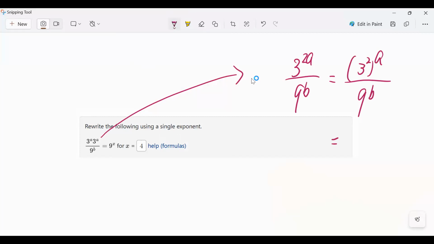It's because 3 squared is 9, so 9 to the a over 9 to the b. And then you keep the base 9 and do a minus b. So x equals a minus b. Make sense? Yeah, it does. Thank you.